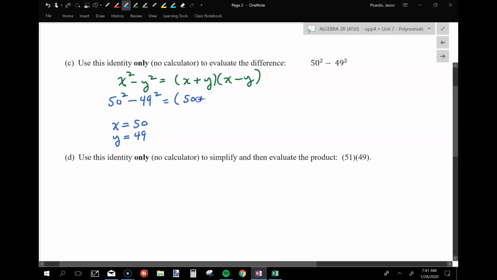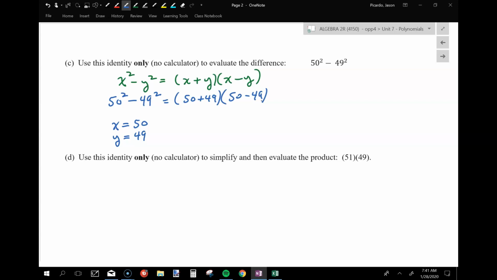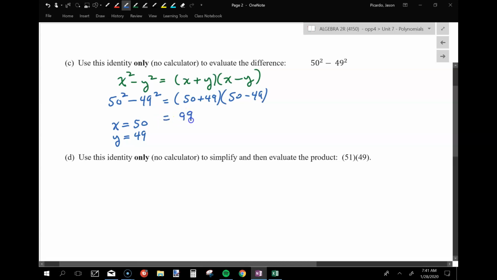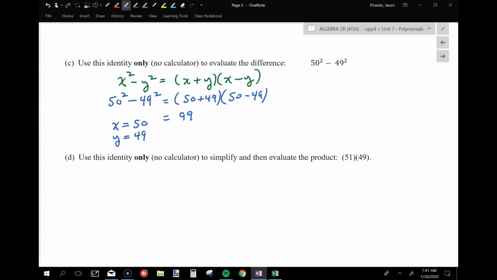Well, I get 50 plus 49 times 50 minus 49. What's 50 plus 49? 99. What's 50 minus 49? 1. So this is equal to 99. So 50 squared minus 49 squared is 99.